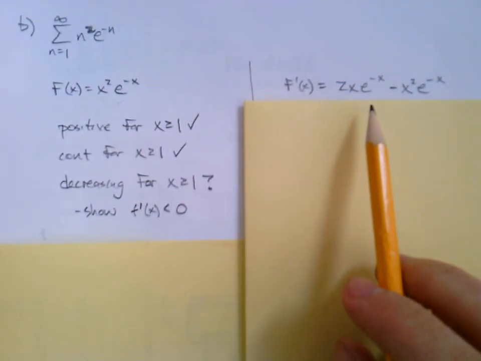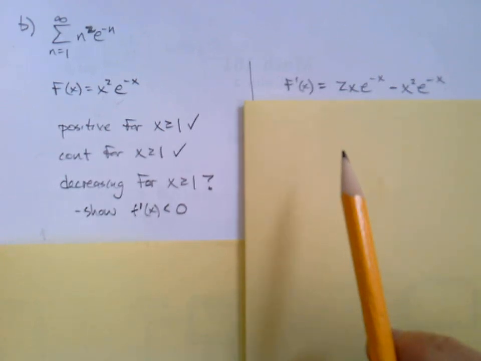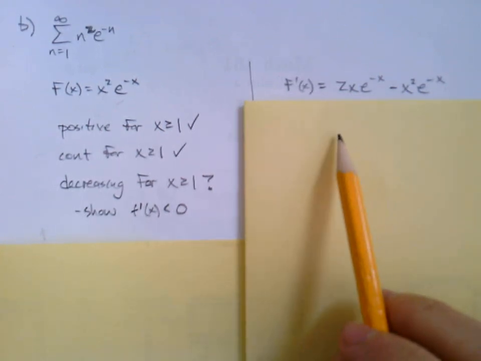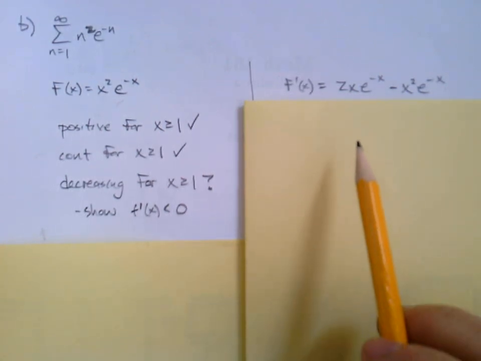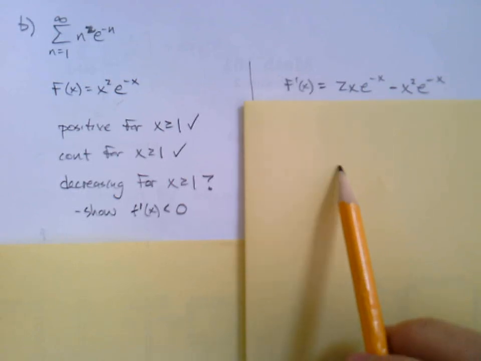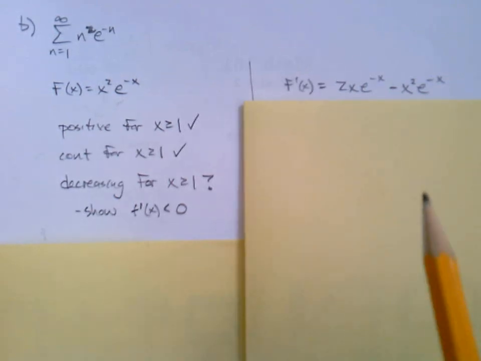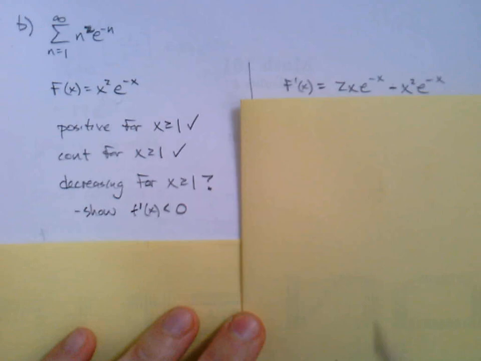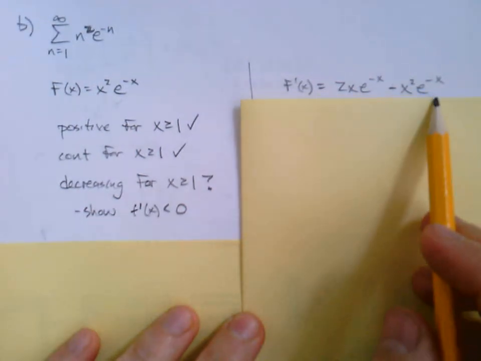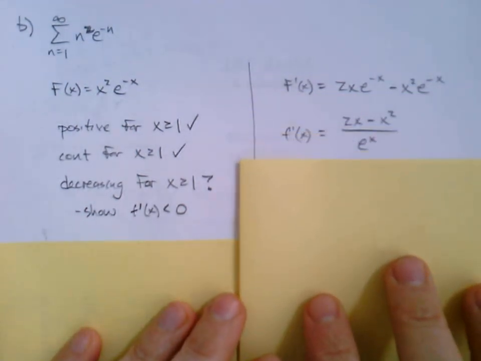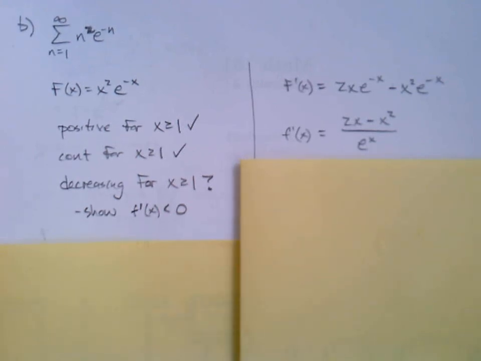As I showed you guys in the last example, it's really nice to show something's negative when you think of it as a fraction. So if you've got negative divided by positive or positive over negative, there's no arguing it. Yep, that's always going to be negative in the end. Since I have these two e to the negative x's, I'm going to rewrite it this way. 2x minus x squared, both over e to the x. Okay, that's really going to be helpful.